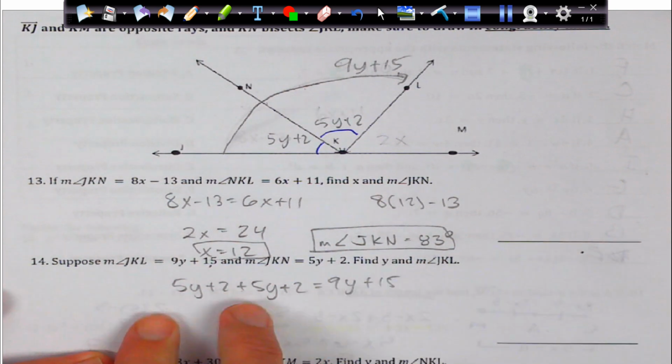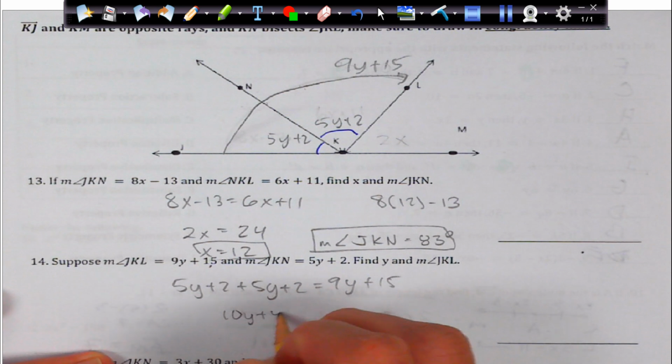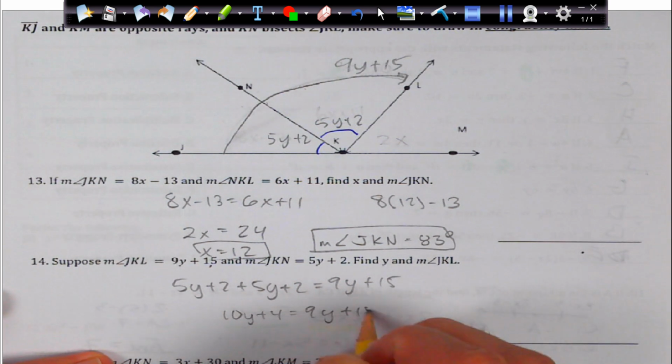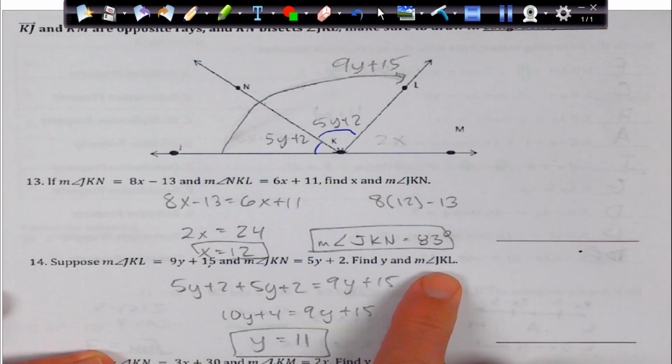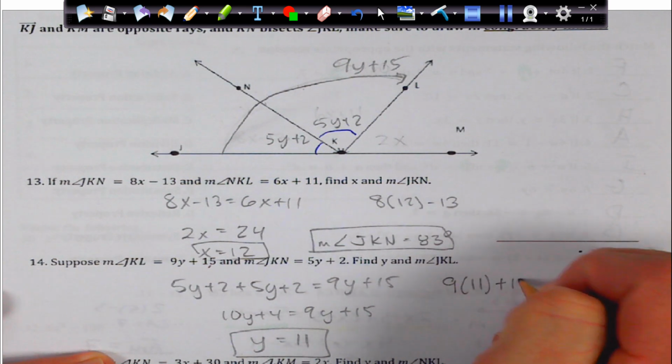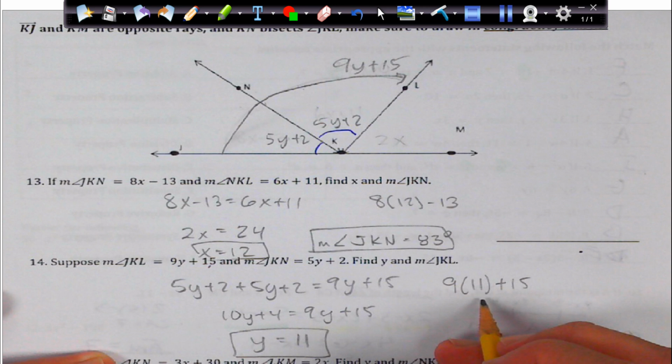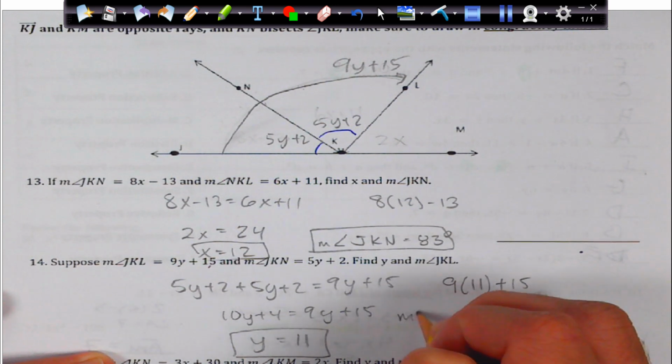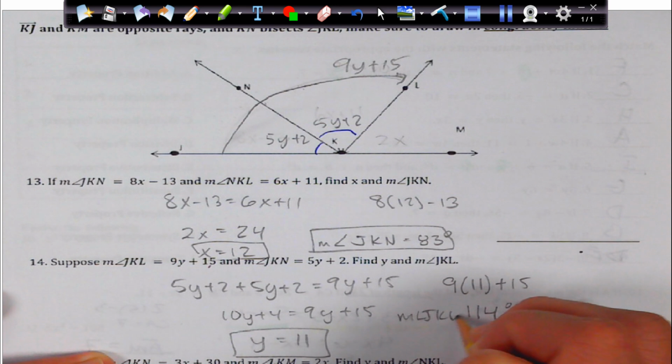Okay, that's going to be 10y plus 4 equals 9y plus 15. Subtract the 9y, I get y. Subtract the 4 over, I get 11. And then JKL, we just plug it in here, so that's 9 times 11 plus 15. That's going to be 99 plus 15, which gives me 114 degrees for the measure of JKL.